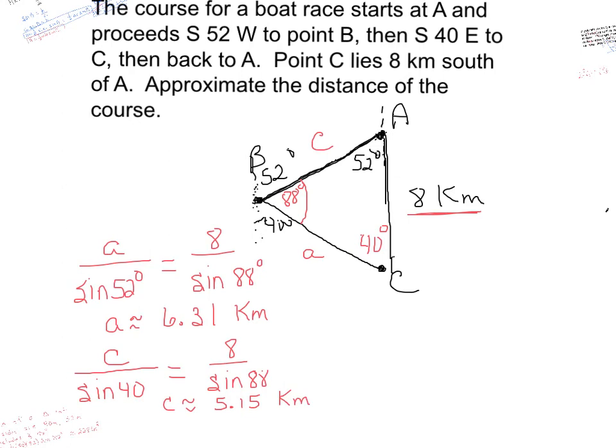And so if we want the distance of the course, we're not done, we want to add those together. So we've got 6.31 kilometers, 5.15 kilometers, and 8. So 19.46 kilometers is the approximate route of the course.